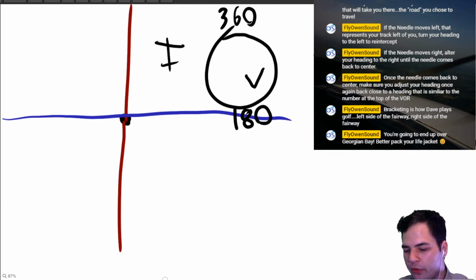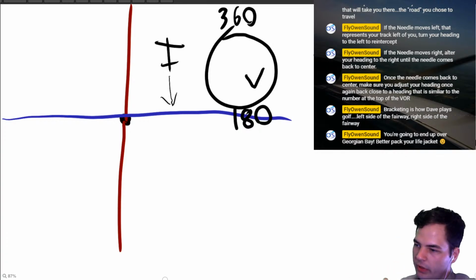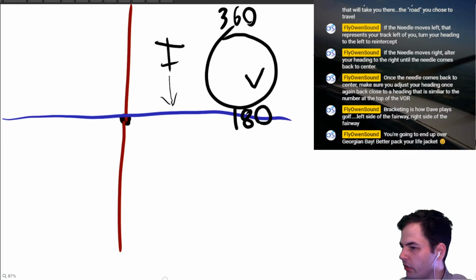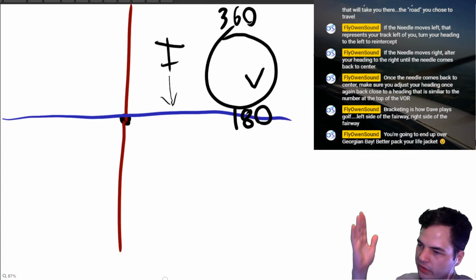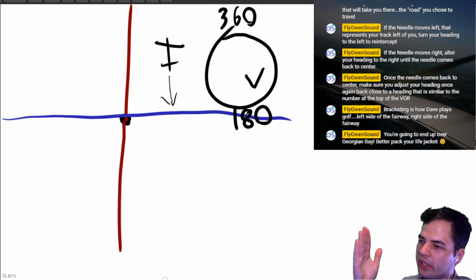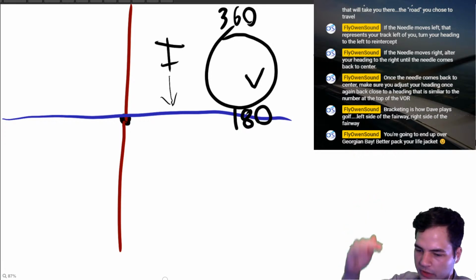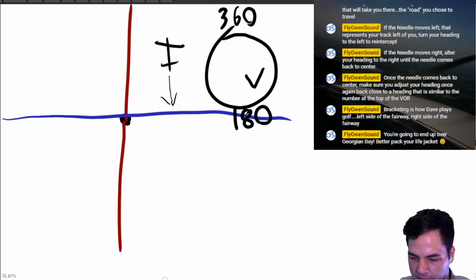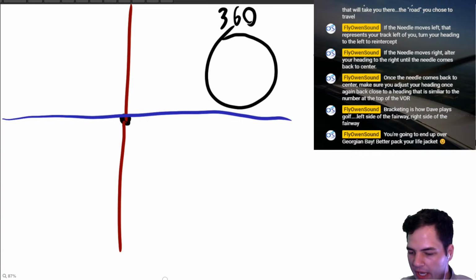If we fly further south, we would get closer to this line, which is the to/from line, where the VOR is as far as that to/from flag is concerned. It doesn't know much about whether we're left or right in this case. It really just knows north and south. So that's the to/from flag.